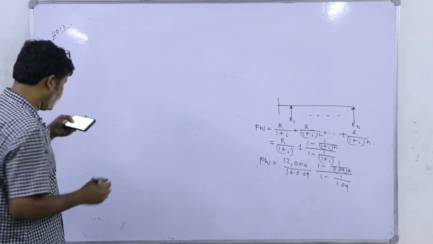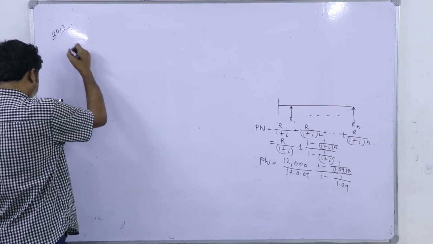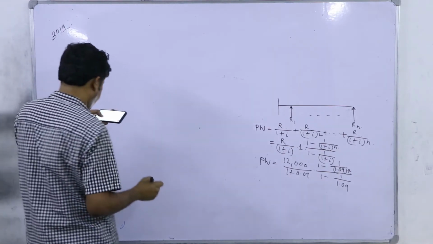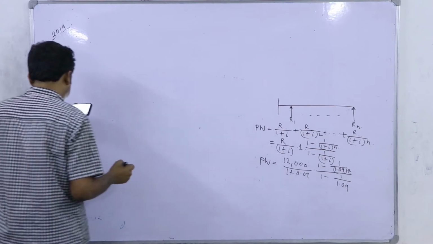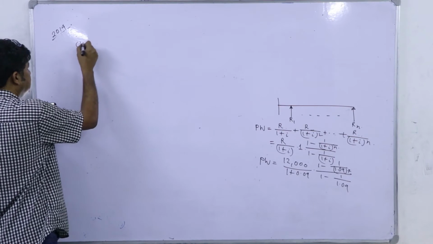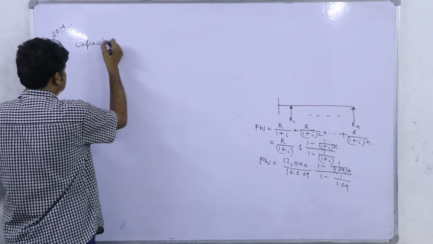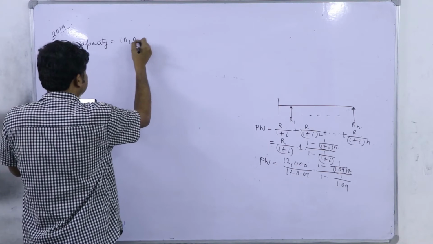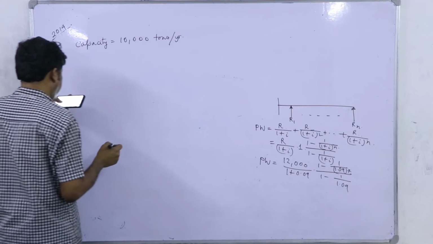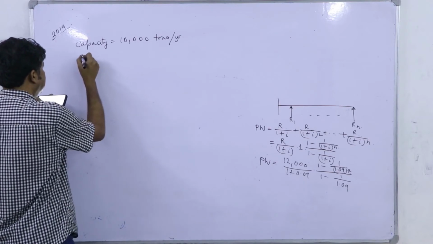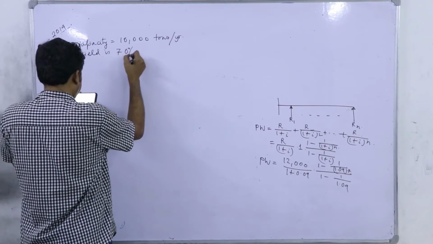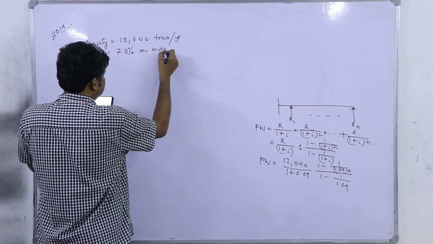Next, this is also a 2013 problem, problem 14. The polymer plant with a production capacity of 10,000 tons per year has an overall yield of 70% on a mass basis.